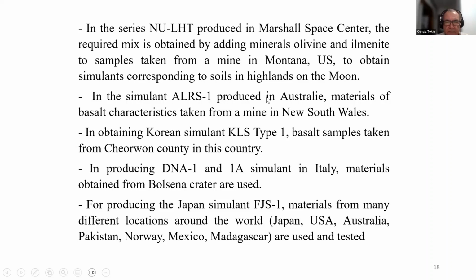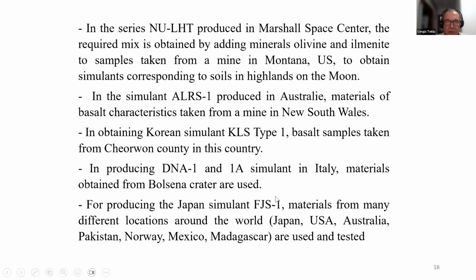In Australia, they have taken material from a mine. In Korea, they have taken basalt samples from a certain place. In Italy, material from the Bolzano crater. For Japan, they have taken materials from many countries in the world.